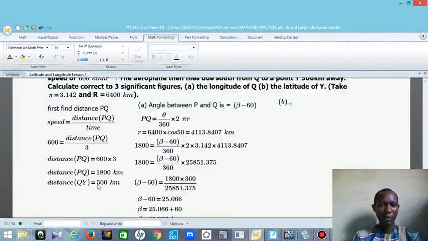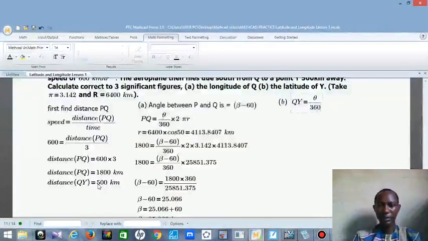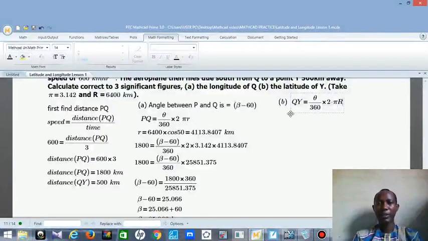So distance QY is equal to theta over 360 times 2 pi R. Use capital letter R because they are standing on the great circle.